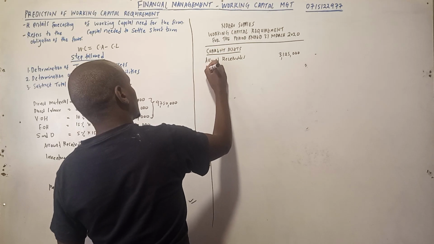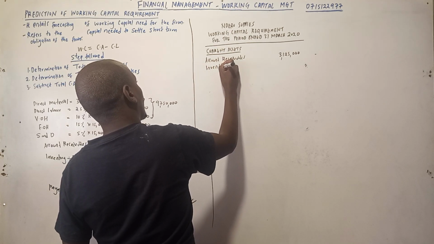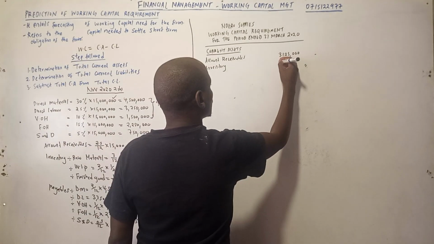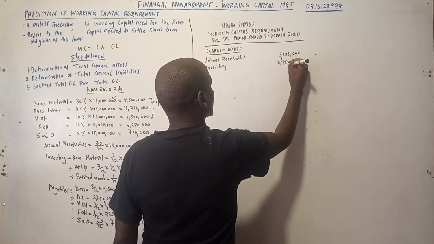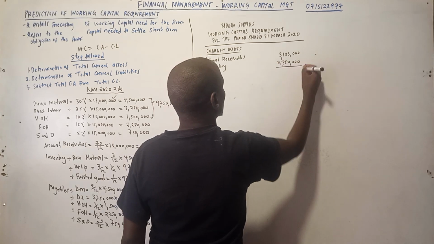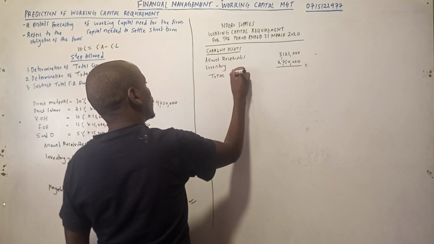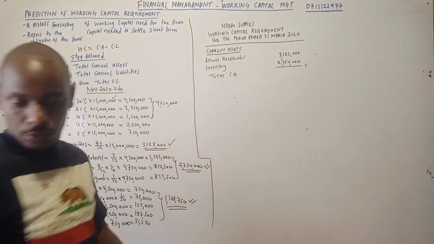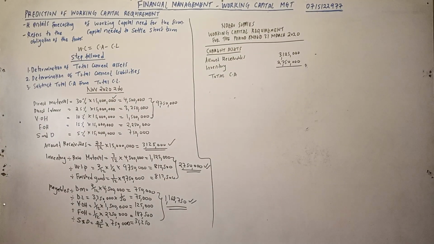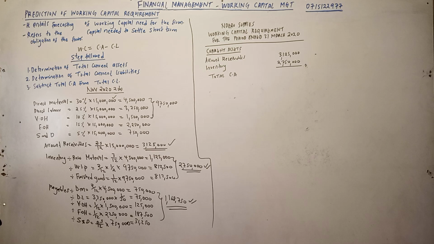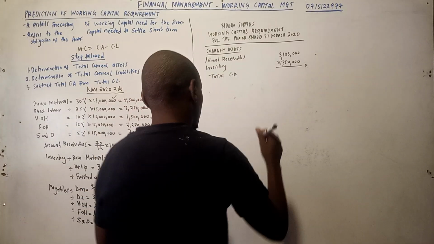You have inventory. Inventory here is 2750,000. We get the total current assets. So we add 3125 plus 2750, 5875.